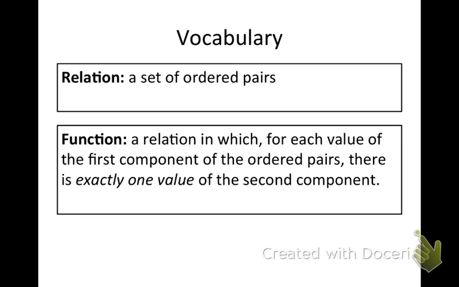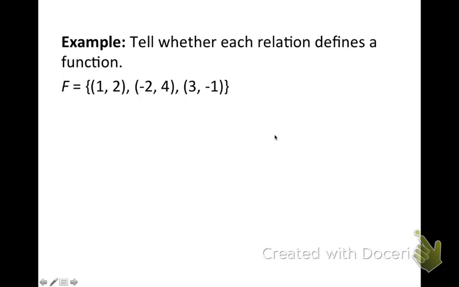So we're looking for the first component, x, to be paired with exactly one value of the y. First component, x; second component, y. All right, so is relation f a function? Yes.